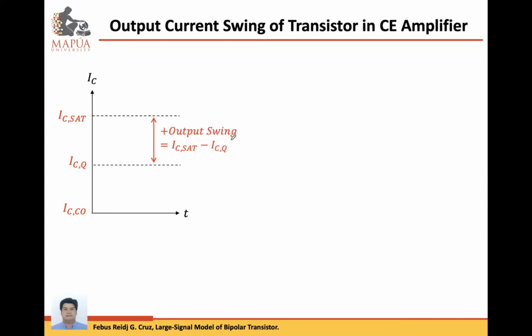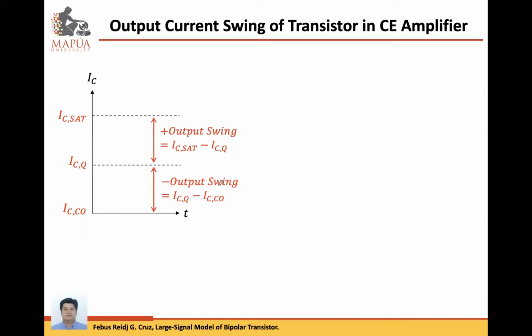The difference between IC sat and ICQ will give us the positive output current swing, while the difference between ICQ and IC cutoff will give us the negative output current swing.